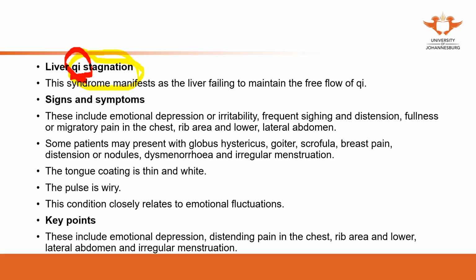Some patients, especially ladies, may present with breast pain a few days or even one week before their period. Some of them can feel breast pain or pressure in the breast. That's because of excess qi movement in the liver meridian, and the liver meridian travels through the breast.